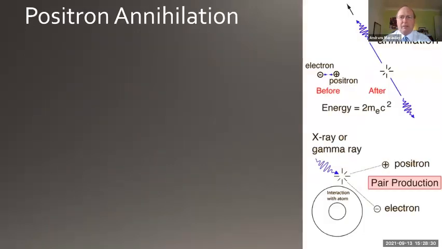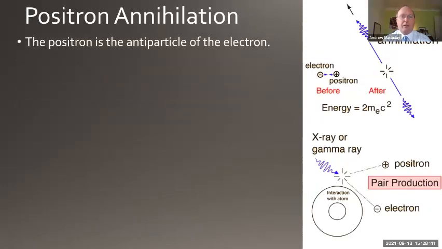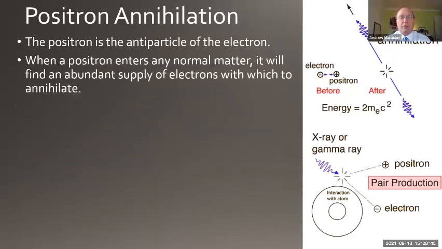Positron annihilation, as I said, we've seen this before. When a positron and electron annihilate each other, then energy is given out. So the positron is simply the antiparticle of the electron. When a positron enters any normal matter, it will find an abundant supply of electrons with which to annihilate.